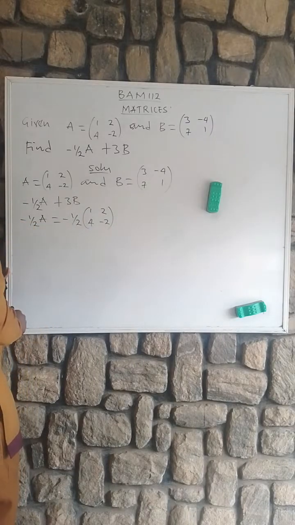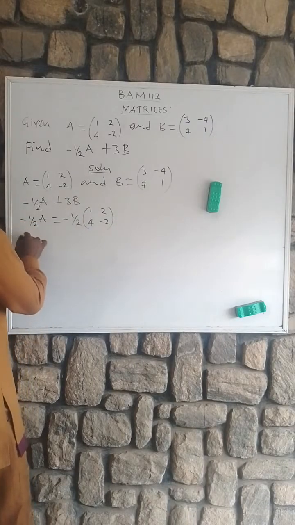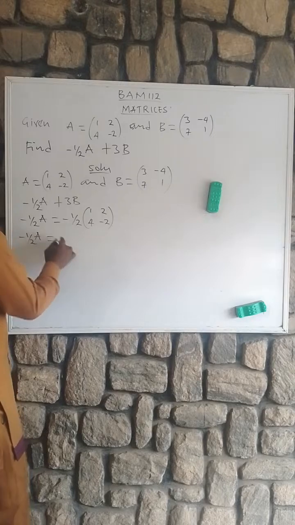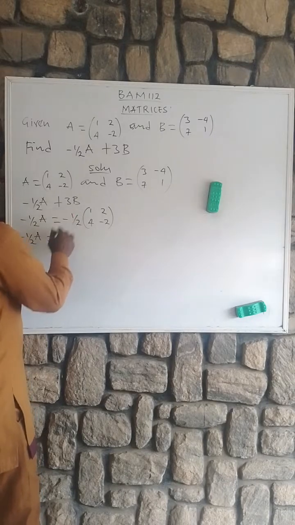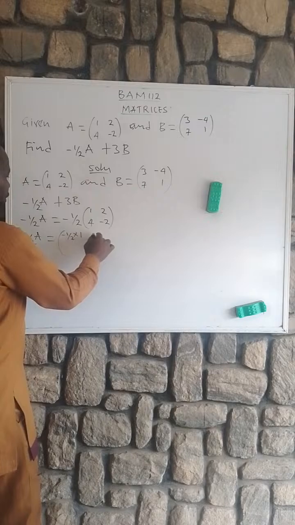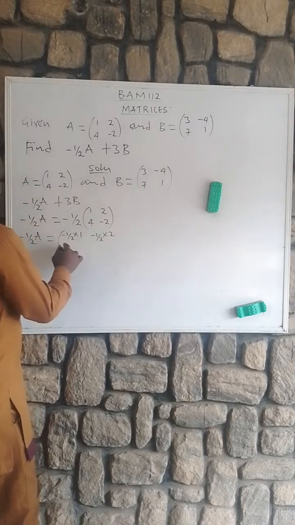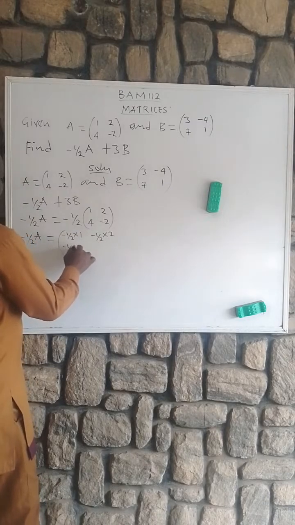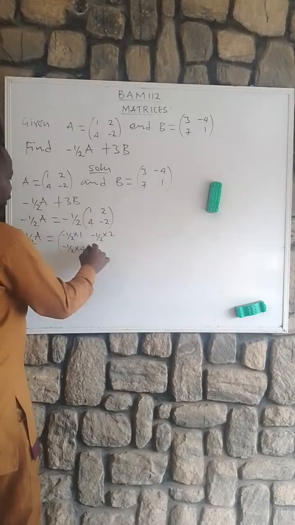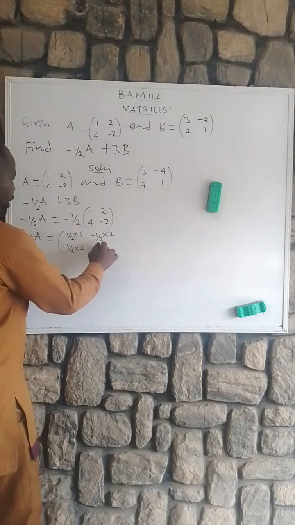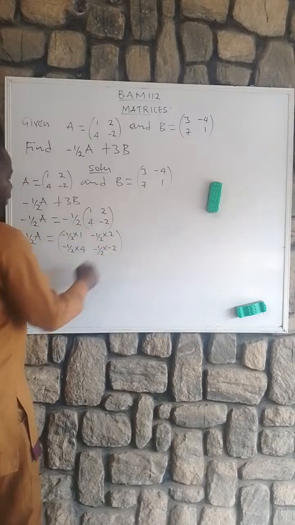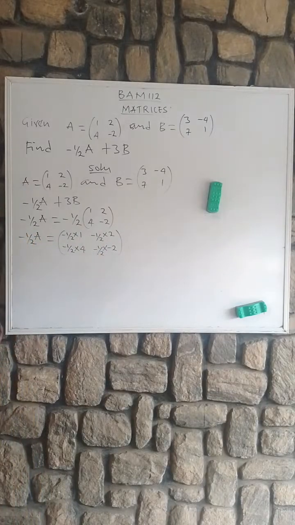So when we do that, -1/2 A is equal to -1/2 times 1, -1/2 times 2, -1/2 times 4, and -1/2 times -2. True or false? It's true, right?